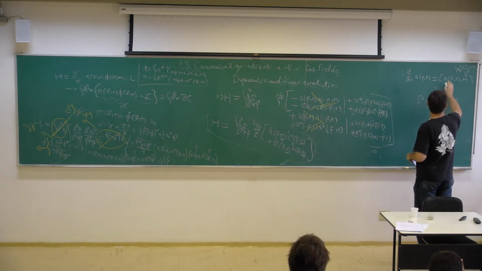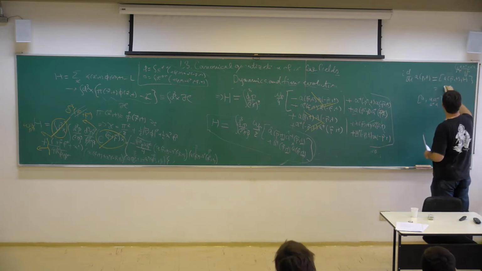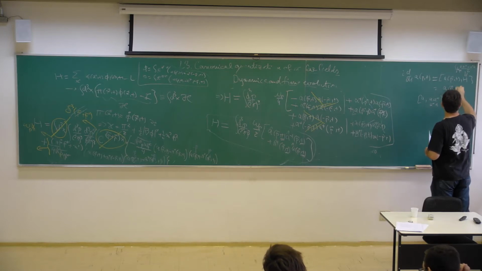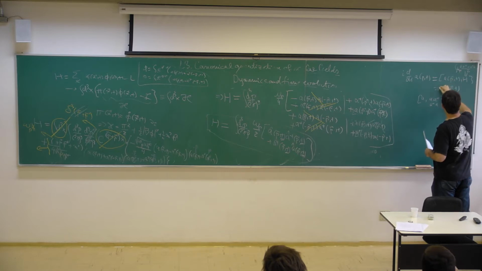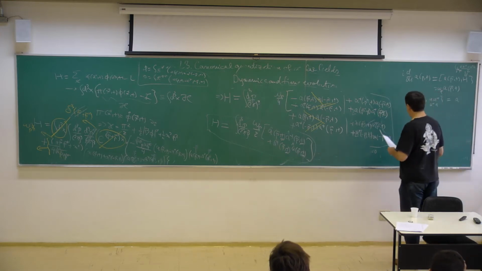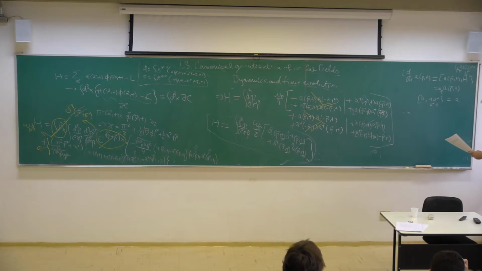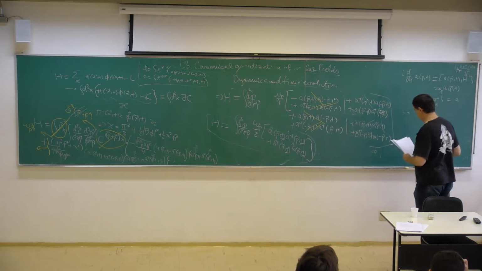So that means in here, I will get just A of P and T, but I also had a factor of omega P. Okay? So how do I write this?